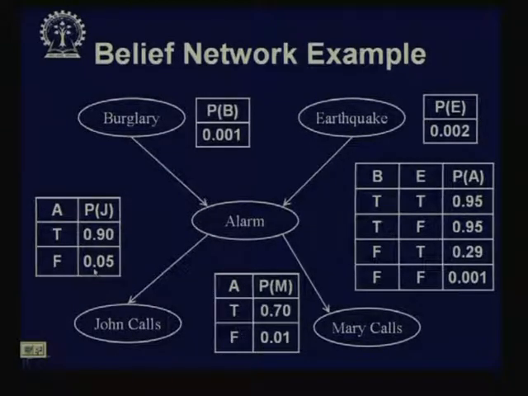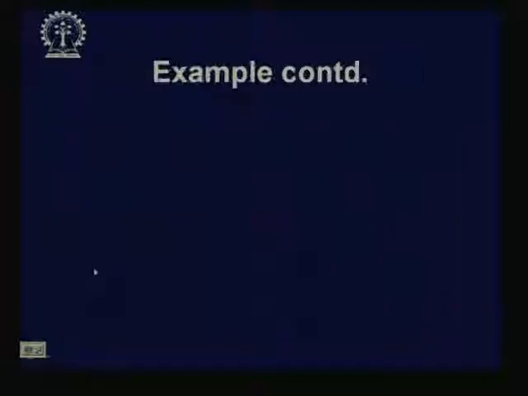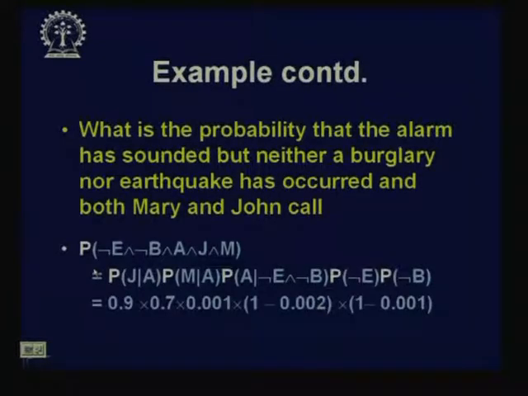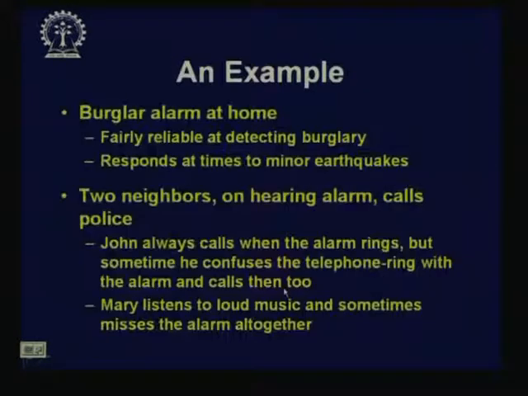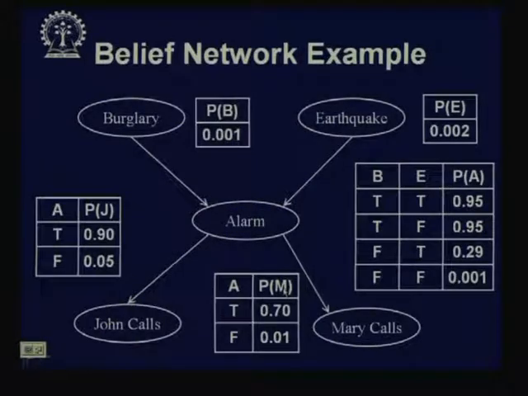So, we will compute this from the same formula. The probability of John calling on alarm was 0.9, the probability of Mary calling on alarm was 0.7. Now, please look here, I have to go back to this scenario. The probability that the alarm has occurred when there was no burglary and no earthquake is 0.001.